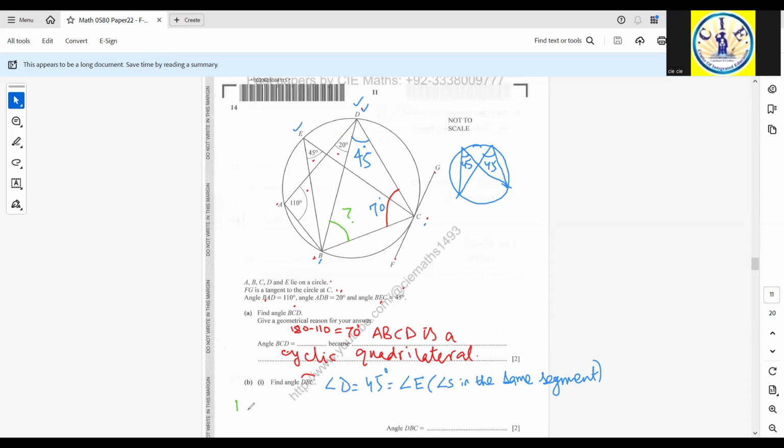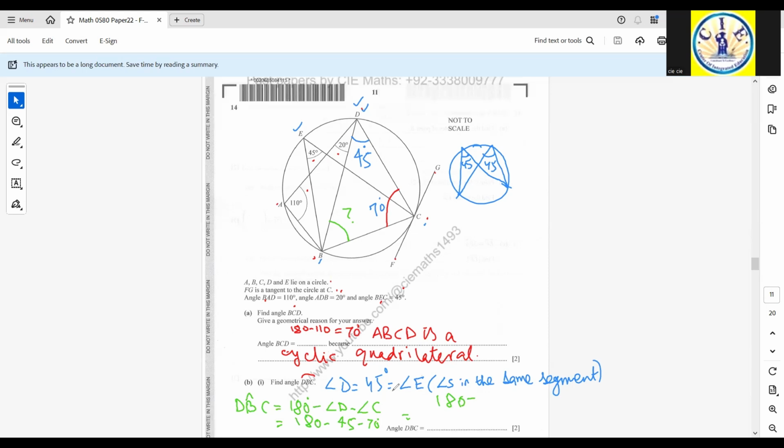Angle DBC is going to be 180 minus angle D minus angle C. 180 minus 45 minus 70. So this is going to be its answer. That is 180 minus 45 plus 70.